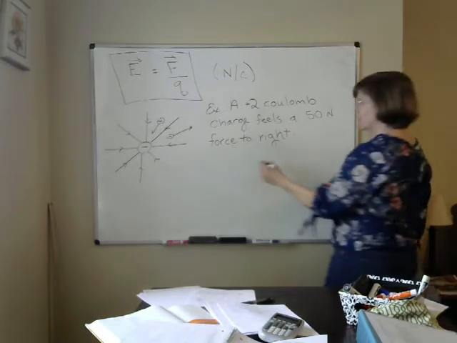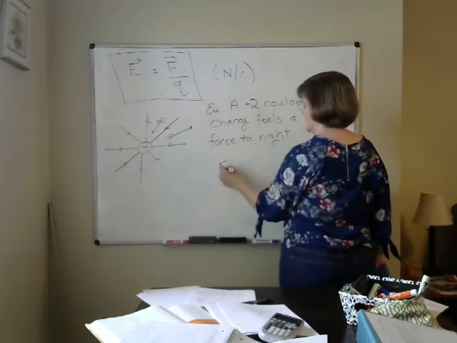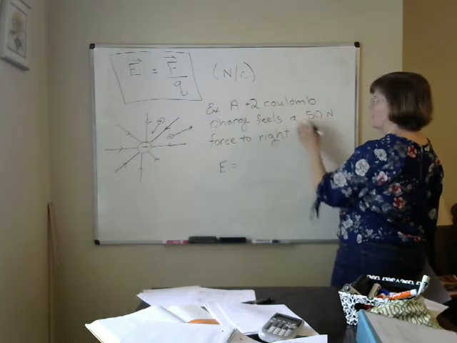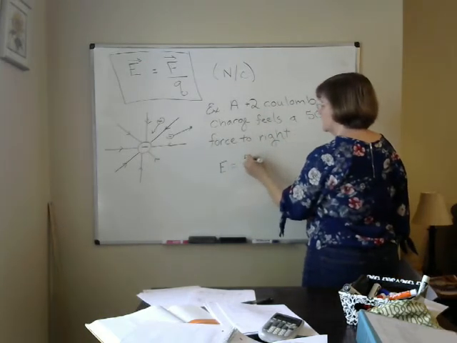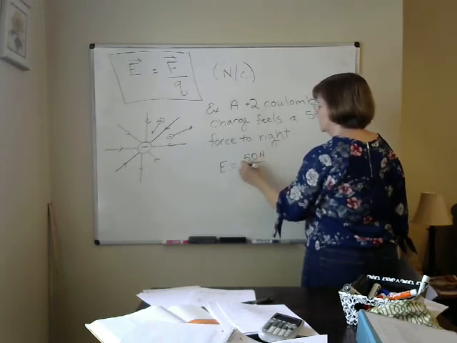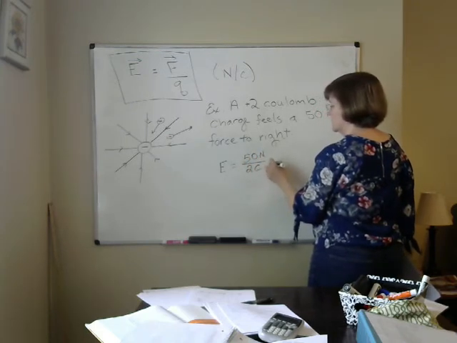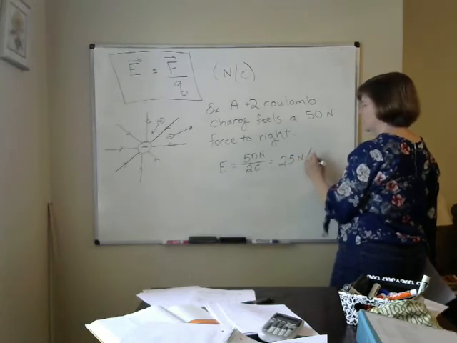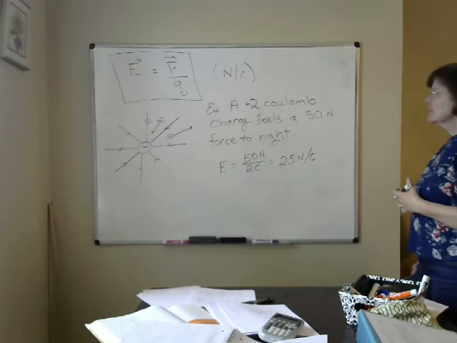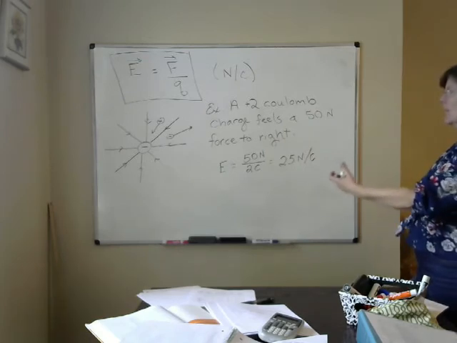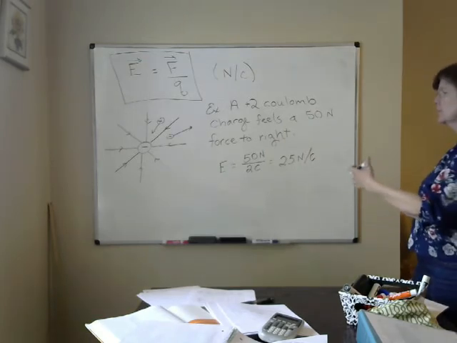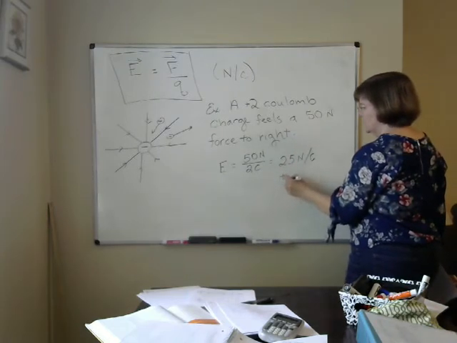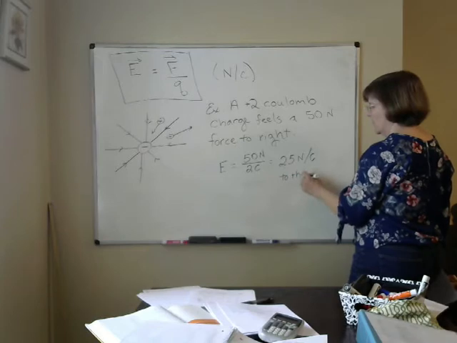I know the electric field will be the force divided by the charge, so 50 newtons over 2 coulombs. So it looks like the electric field is 25 newtons per coulomb. It says it feels the force to the right. Well, if a positive charge feels a force to the right, then the electric field points to the right.